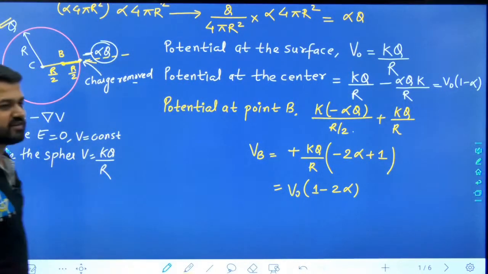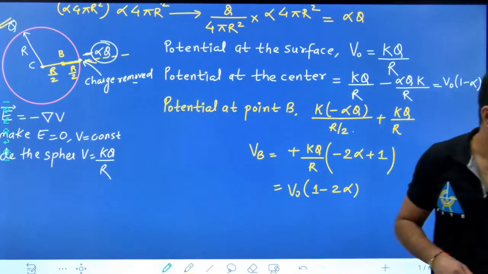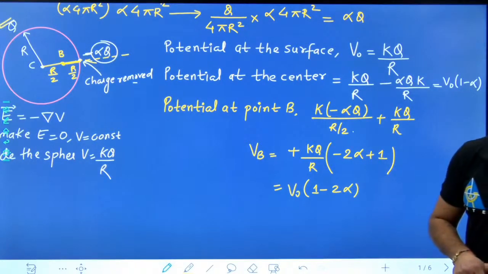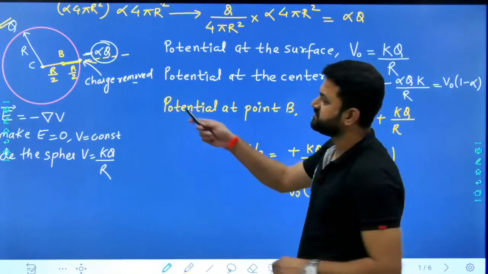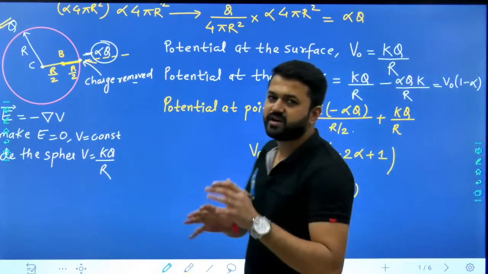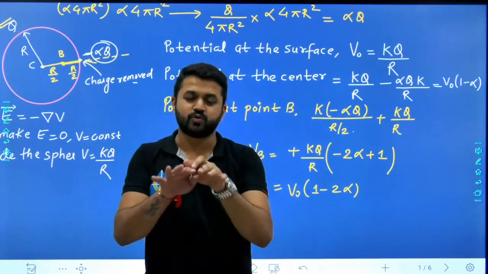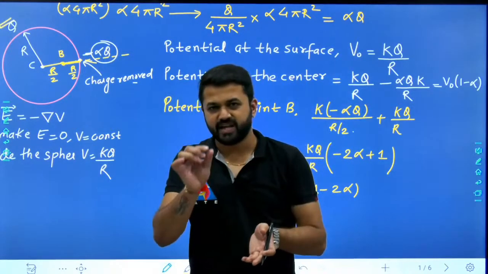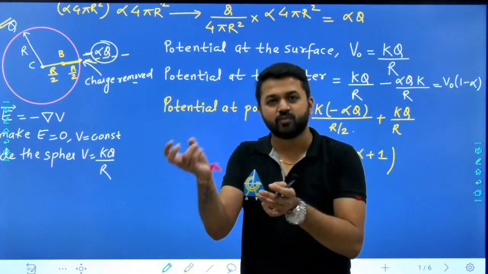Now tell me whether this part is clear or not. First of all, when we are not making that hole, the total charge was q on the surface, and when we make a hole, how much charge have we removed?